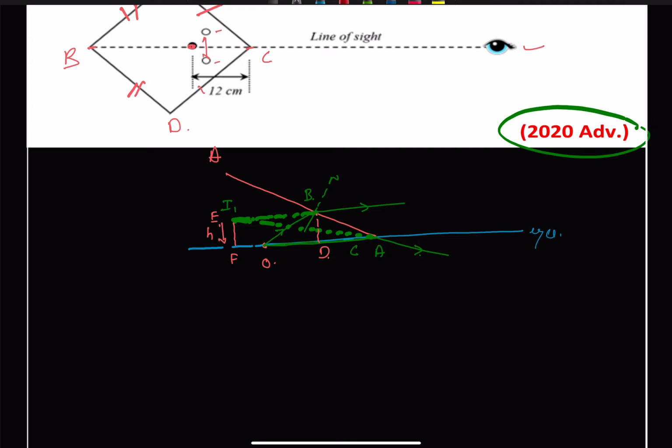And so we have our ray of light from object O, ray of light from object O, and we can call that we have an angle of incidence and a refraction.